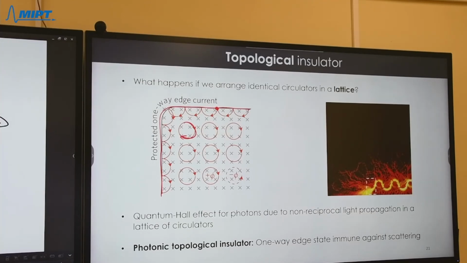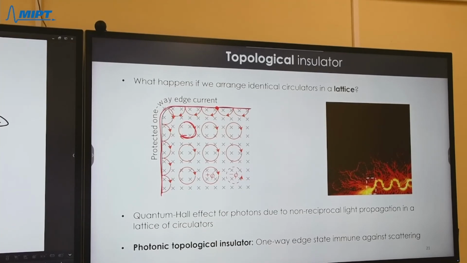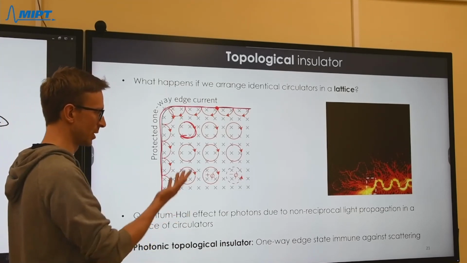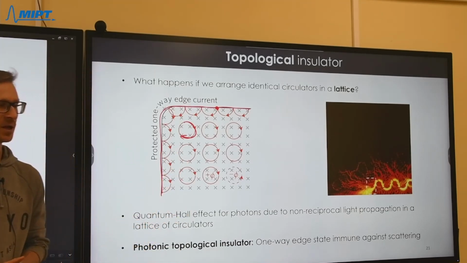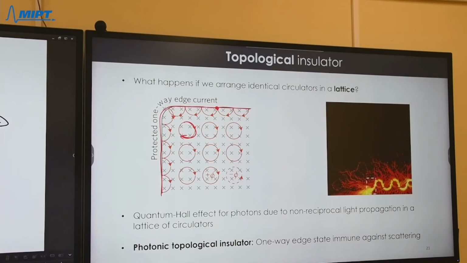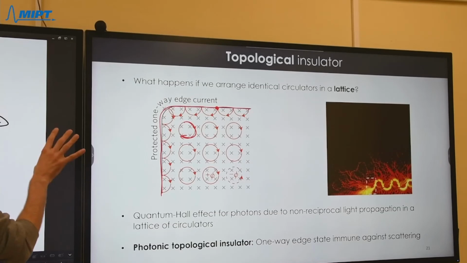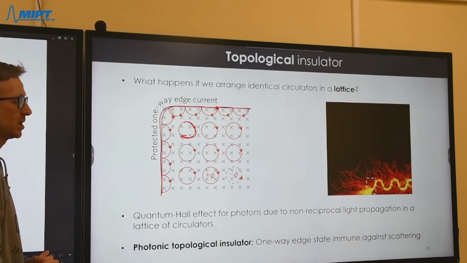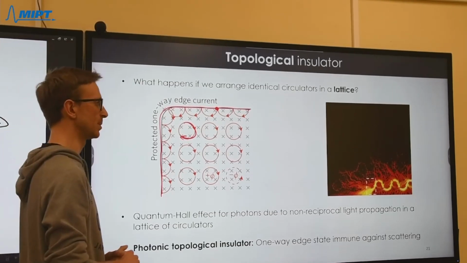And again, there are at least two ways to achieve photonic topological insulation in photonics. Just like there are two ways to achieve optical isolation and circulation, you can realize this with a static magnetic field, in which case this is called a quantum Hall effect topological insulator, or by modulating the system in time, in which case it will be called a Floquet topological insulator.